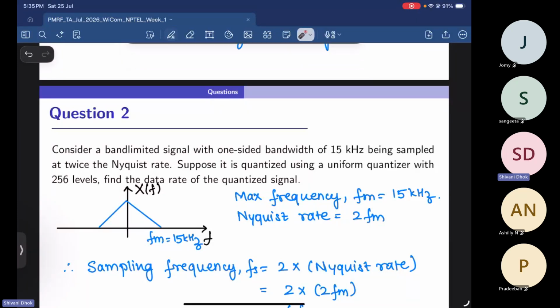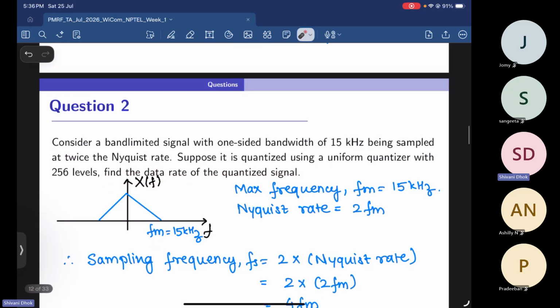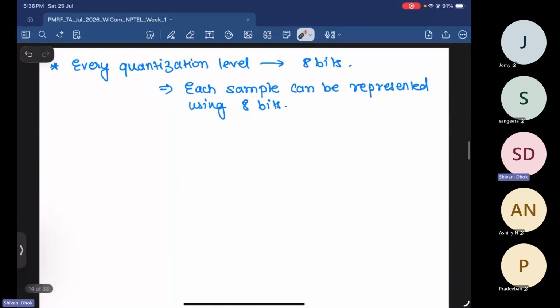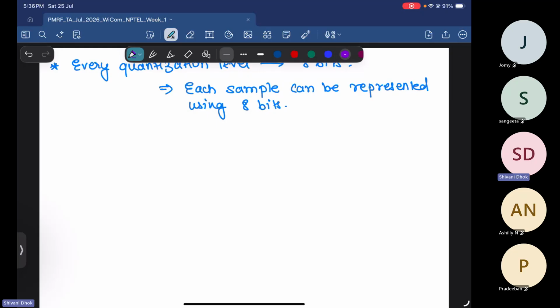Now the main question that we need to answer is to find the data rate of the quantized signal. What do we mean by data rate? Data rate is the number of bits that you either generate or transmit per second.